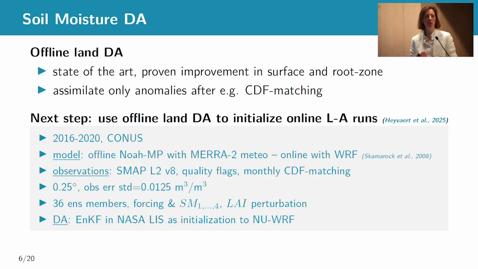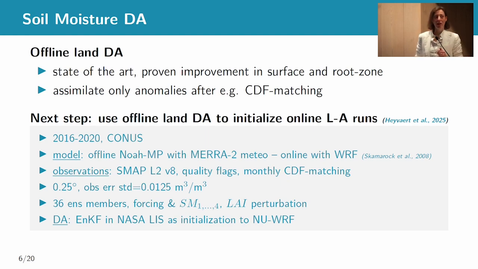So we're going to use the results from an offline data assimilation system, and we're going to feed that into an online system that is a coupled land-atmosphere system. There was already some allusion to such a system before. So we're going to run Noah-MP in offline mode. We're going to force it with MERRA-2, and then we're going to use data assimilation next, where we assimilate SMAP level 2 data with quality flags, all the proper way of doing SMAP data assimilation.